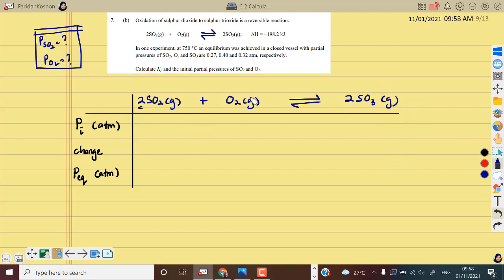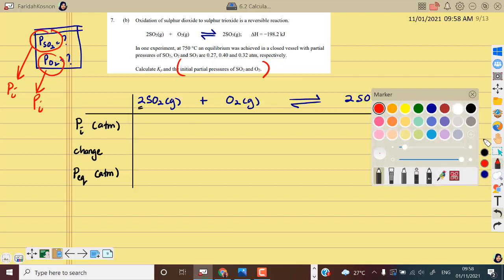Okay, jadi sekarang apa yang berlaku adalah we are going to solve the initial partial pressures of sulfur dioxide and oxygen gas. Maksudnya bila saya masukkan sulfur dioxide dengan oxygen gas mula-mula sebelum reaction start, berapa dia punya initial pressure untuk kedua-dua reaktan ini. So itu yang kita tak tahu.